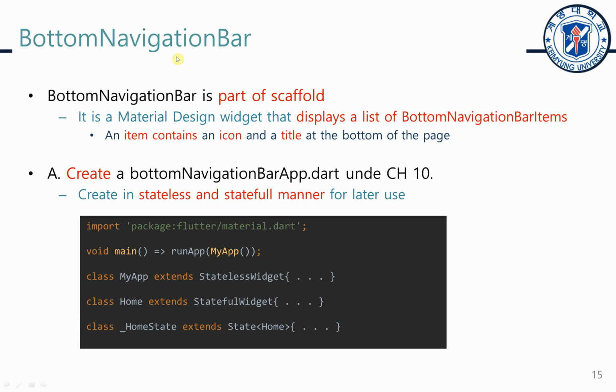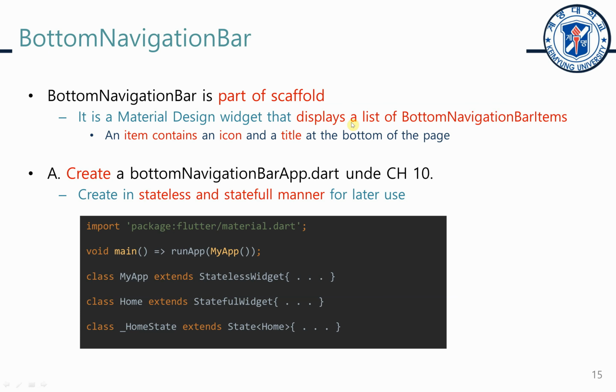Now today we'll talk about the bottom navigation bar. The bottom navigation bar is something similar to using tabs, and unlike the navigator, it is part of the scaffold, okay? It displays bottom navigation bar items that will fill the tab.